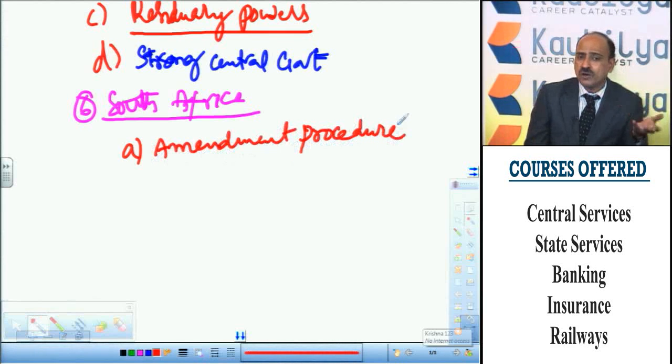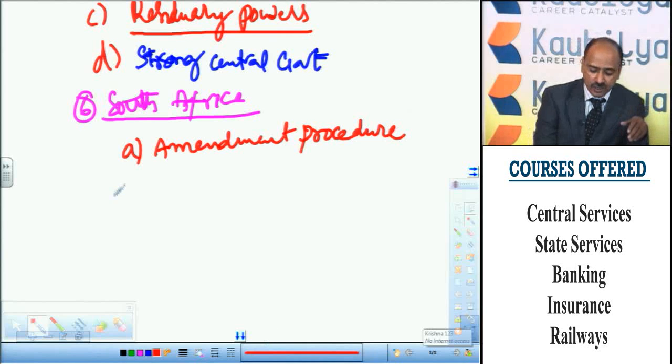We made a very big constitution in the country. At that time amendments are required. So many articles are there in our constitution. Whenever you want to change anything, we require an amendment. That's why we borrowed this concept from South Africa.